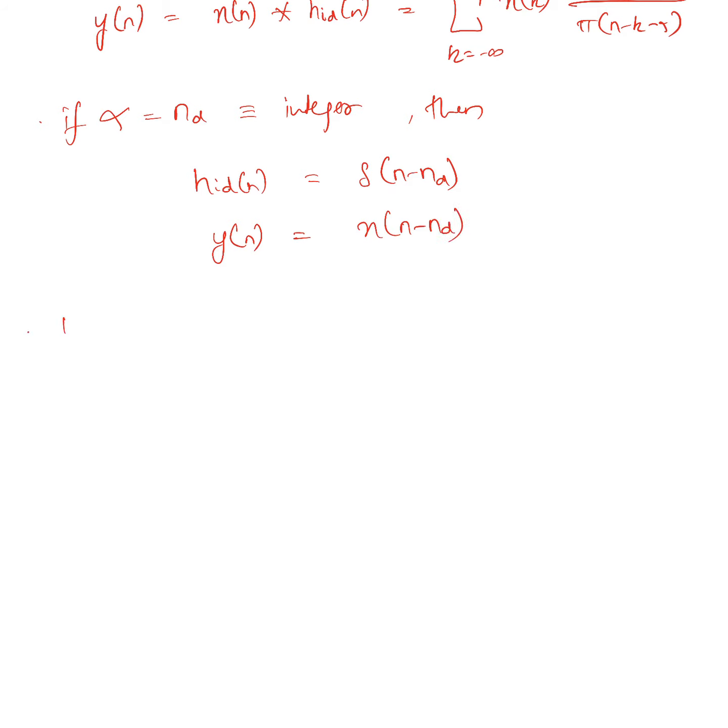Now the second one, if alpha is not an integer, then you cannot directly shift this sequence. In that case, you need to do the continuous time processing of discrete time signals.